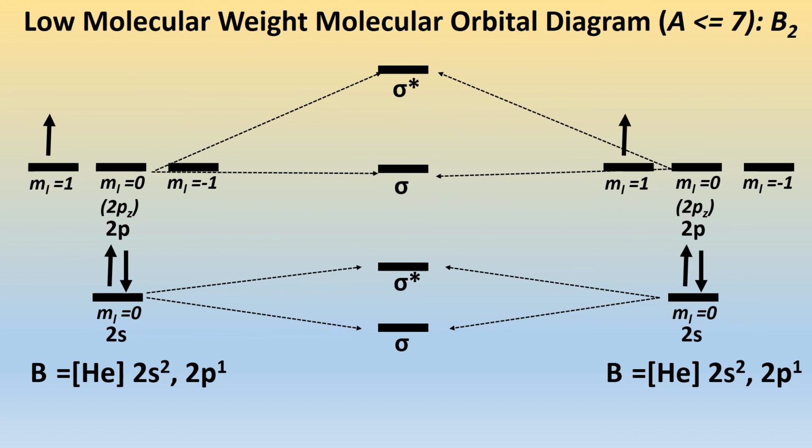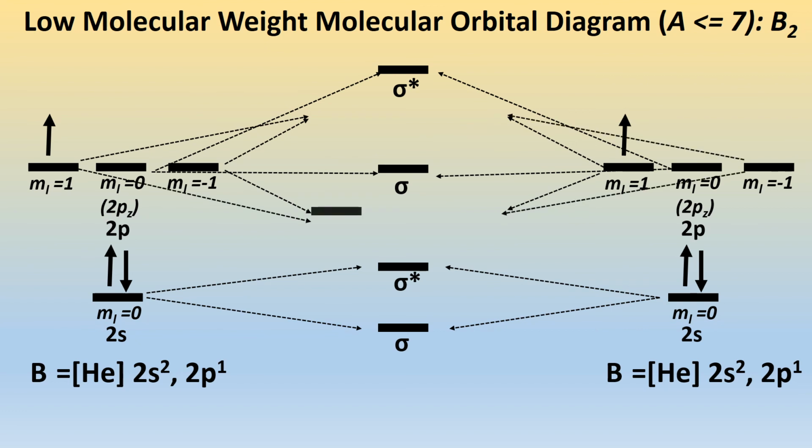Also, all of the m sub l equals 1 will form lambda equals 1 orbitals, which become pi and pi star. It's worth noting that in the transition from atomic orbitals to molecular orbitals, the relationship between the angular momentum and the z-axis is still important. For example, the pi orbitals have m sub lambda equals 1 and m sub lambda equals minus 1.